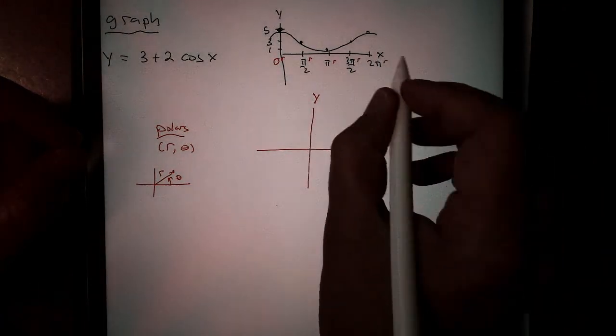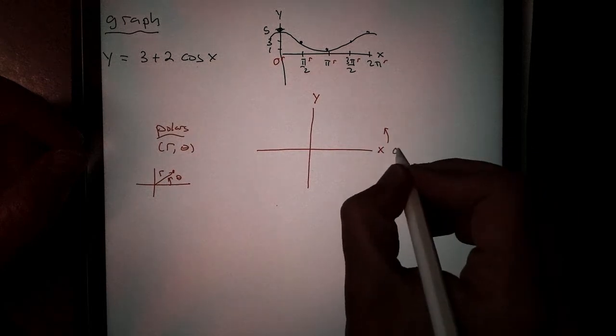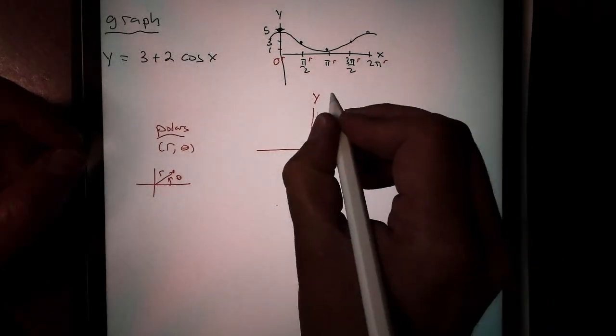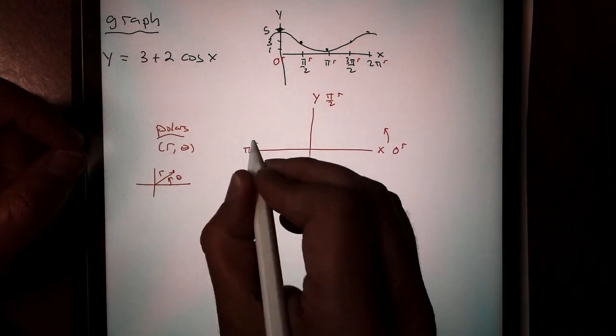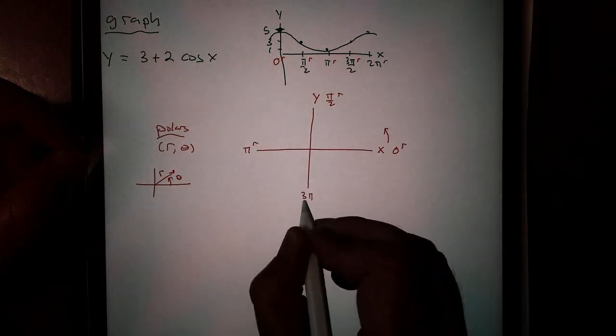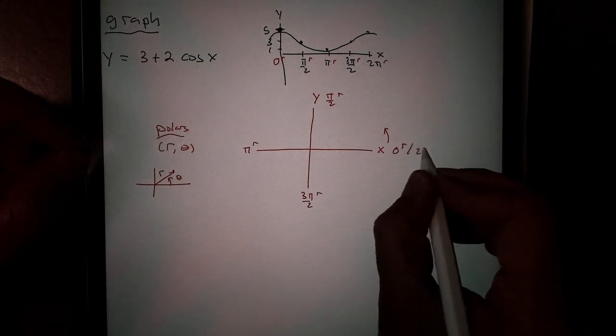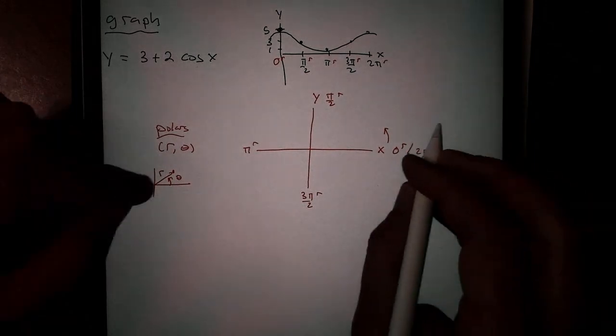Well, let's see what this tells me. This is saying I'm at 0 radians, pi over 2 radians, pi radians, 3 pi over 2 radians, and 2 pi radians.